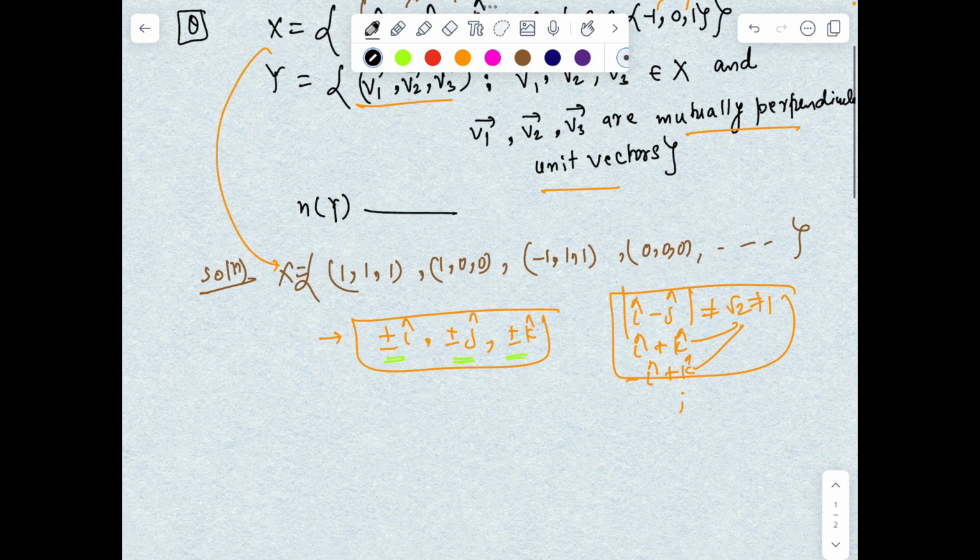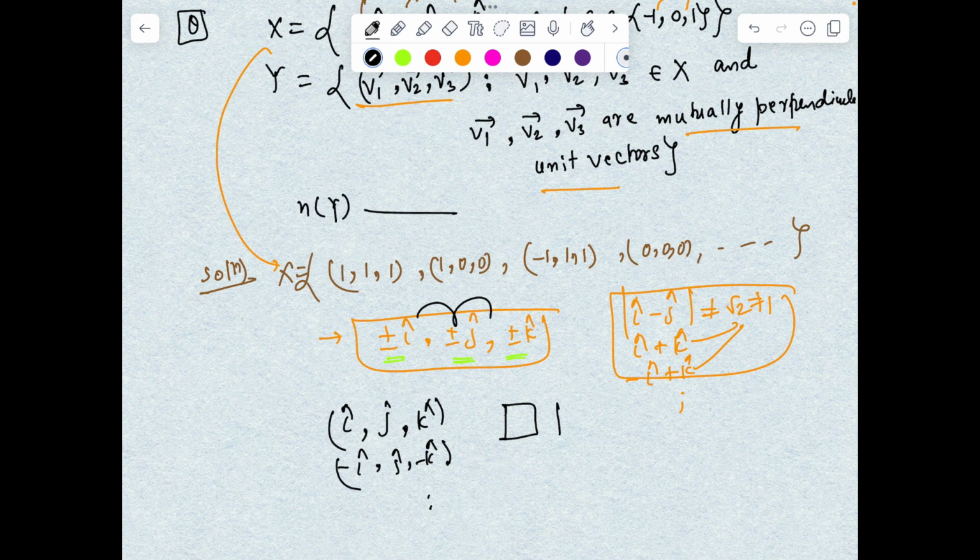Now we need them to be mutually orthogonal, like mutually perpendicular. So one of the possible combinations is i, j, k, another can be, let's say, minus i, j, minus k, and so on and so forth. Now clearly since they are ordered, if 3 vectors are mutually perpendicular, here I have 2 choices of putting plus minus i, again 2 choices of keeping plus minus j and 2 choices of keeping plus minus k.